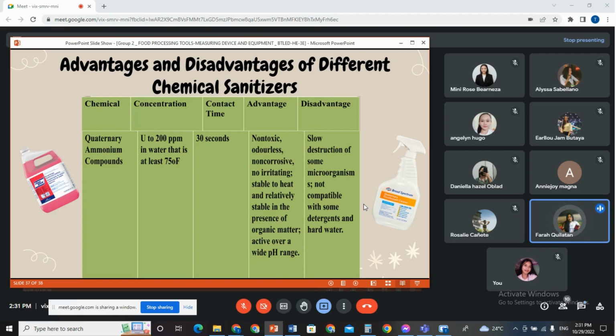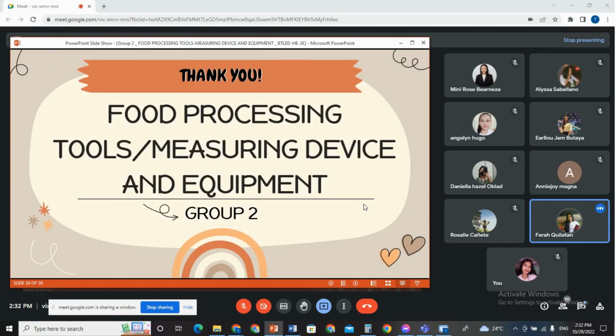Its advantage is that it's non-toxic, odorless, non-corrosive, non-irritating, stable to heat, and relatively stable in the presence of organic matter. It is active over a wide pH range. Its disadvantage is slow destruction of some microorganisms, and it is not compatible with some detergents and hard water. That's quaternary. So thank you.